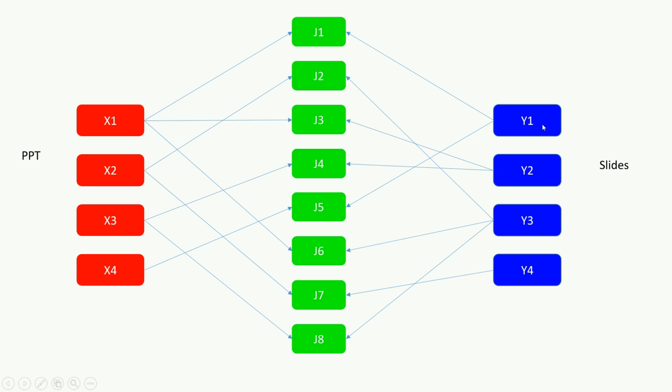So x1 will have these two children, y1 and y2. Now y1 is related to x1 via j1, so y1 has one child x1, as well as y1 is related to x4 via x5. So y1 has two children, x1 and x4.